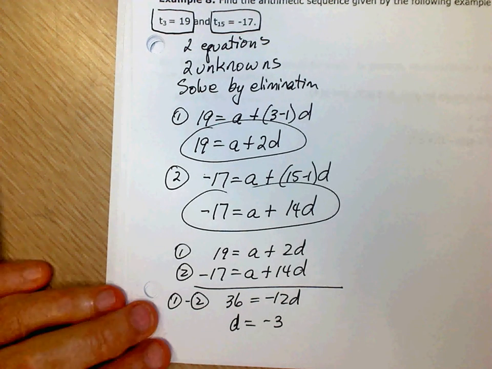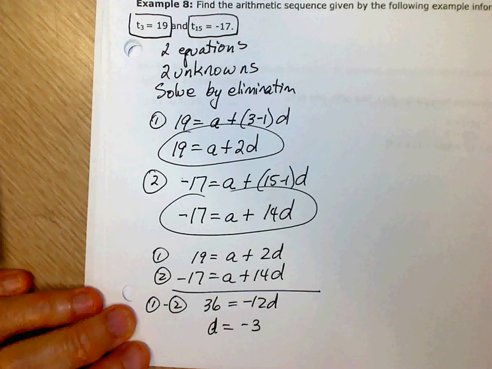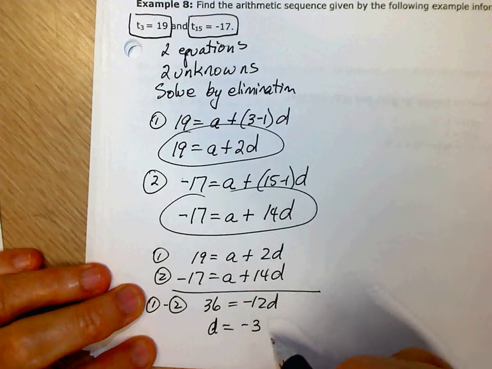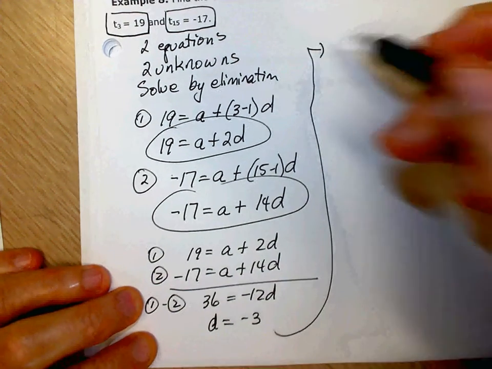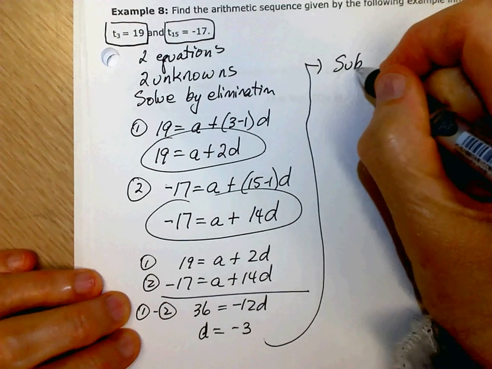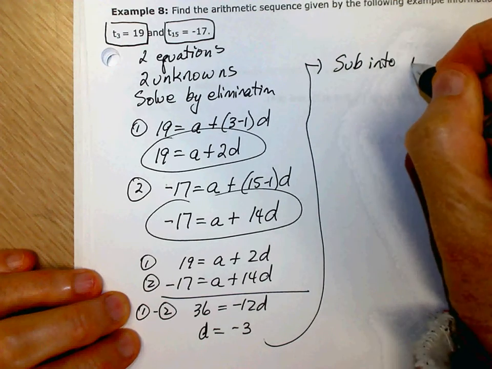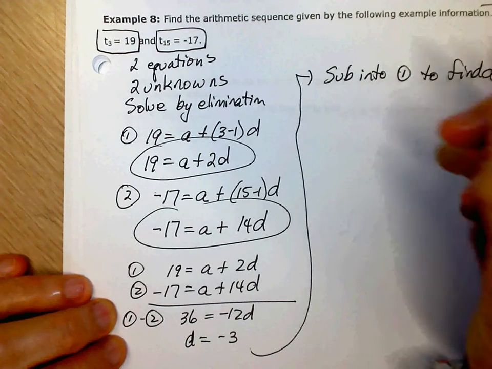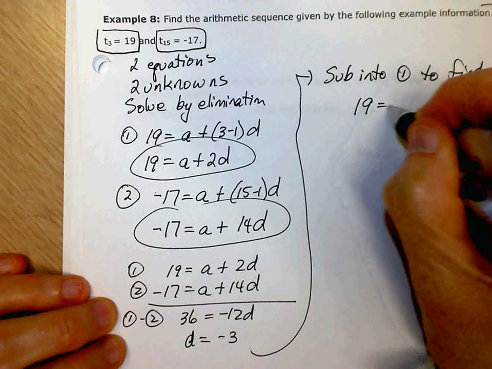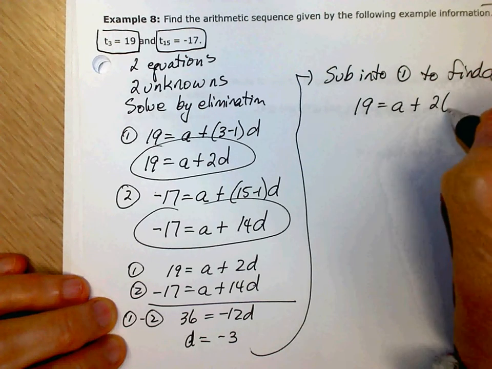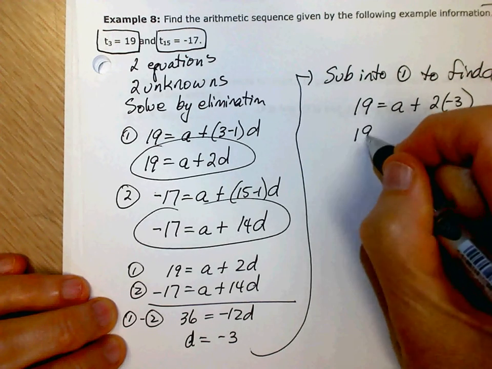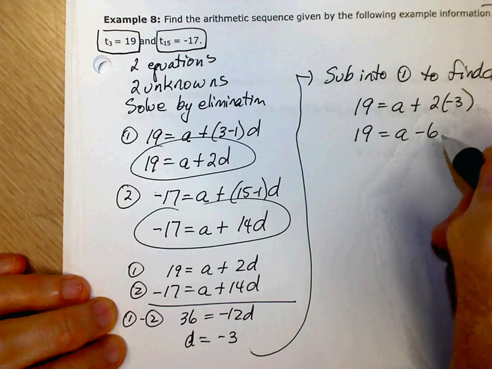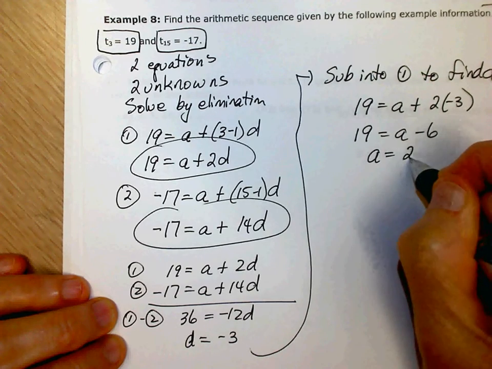All right, we found D. Let's sub into 1 to find A. So we have 19 equals A plus 2 times minus 3. 19 equals A minus 6. A equals 25.